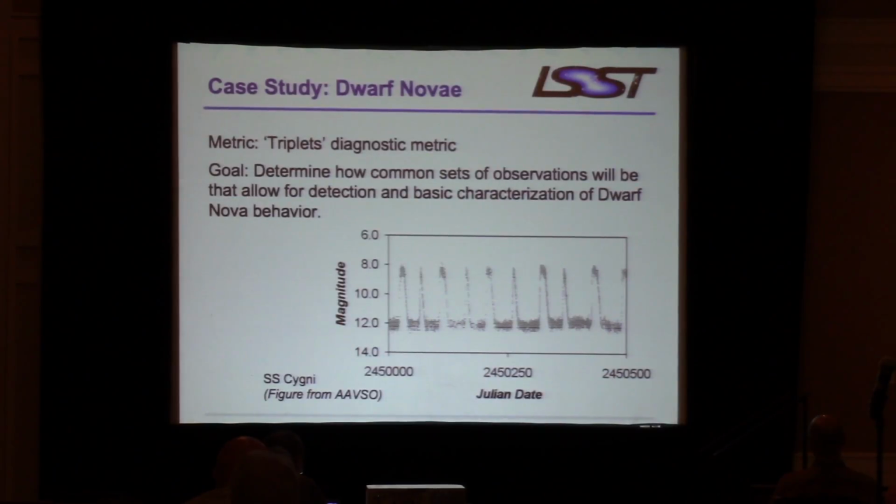What would really be the minimum to notice that this is actually going on? This can work for anything where you have a brightening or dimming going on in a star. In this case, for a dwarf nova, I'm using SS Cygni as an example. The light curve you're seeing there is from AAVSO. And most importantly, this is not a periodic event. So this is looking at how you can detect that one of those brightenings is happening.